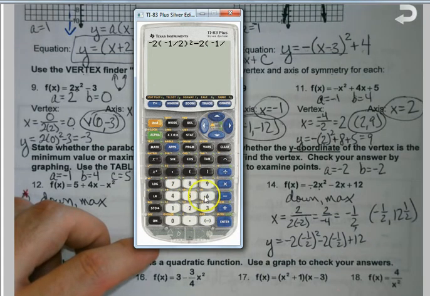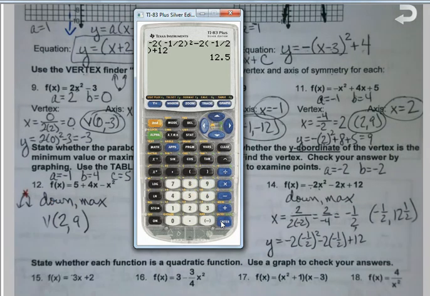And again, some of you might even be smarter than I am and be using 0.5 instead of keep typing 1/2 in over and over and over again. But I get the 12.5 still. So I just want you to have options. But as long as you know your basics to figure out up and down, max or min without a calculator, when it comes to the other part, I don't care which way that you do it.